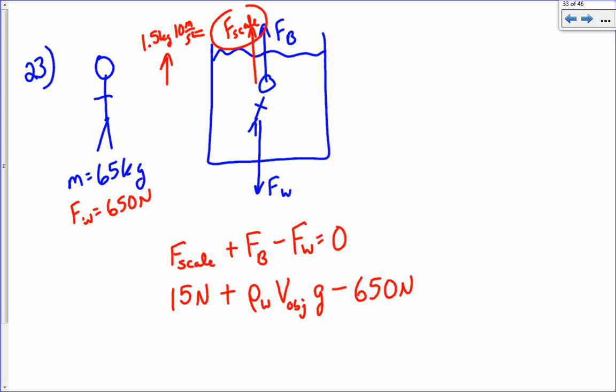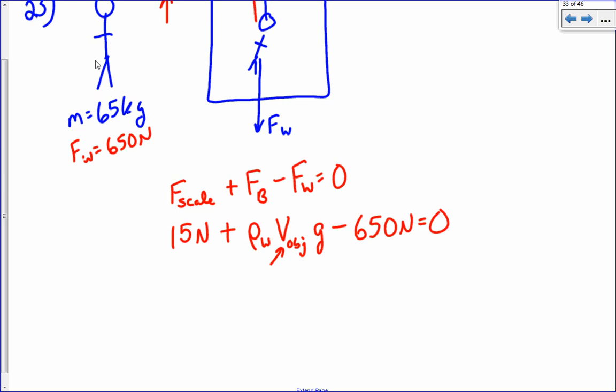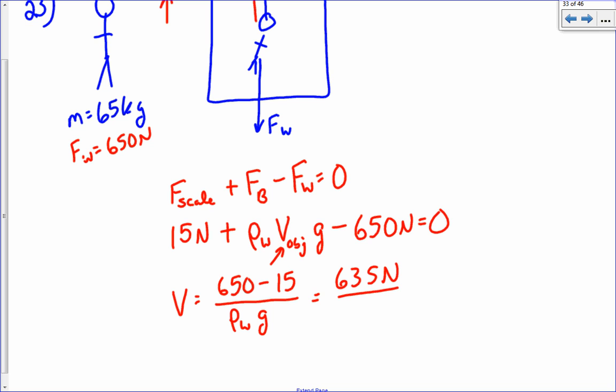All right, now this is all equal to 0, and I'm looking for the volume of the object, the volume of the person. So I can find that fairly simply. Just solve this for V. That's going to be 650 minus 15. I add 650 to both sides, subtract 15 from both sides, and then I'm going to divide by the density of water and the acceleration due to gravity. So that's 635 newtons divided by the density of water.